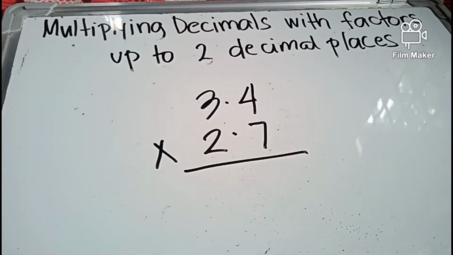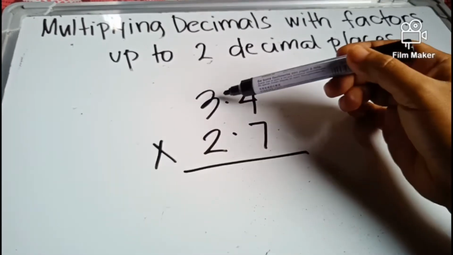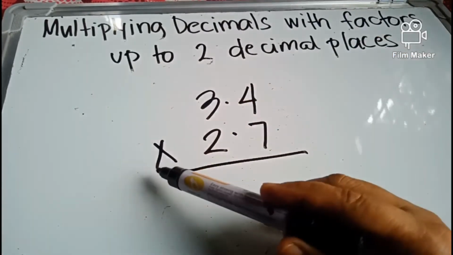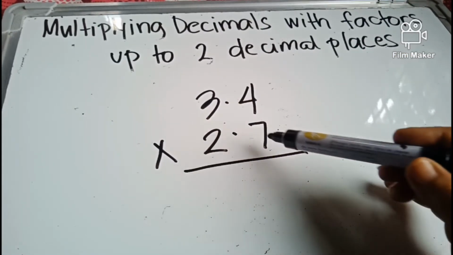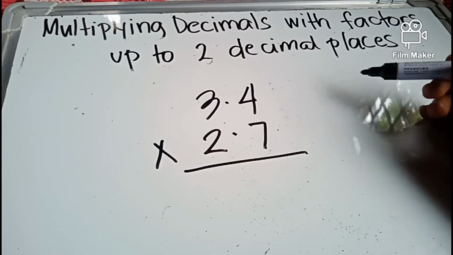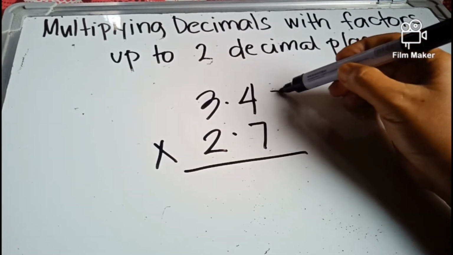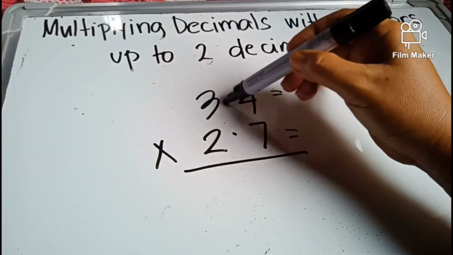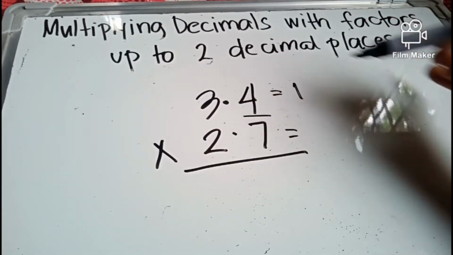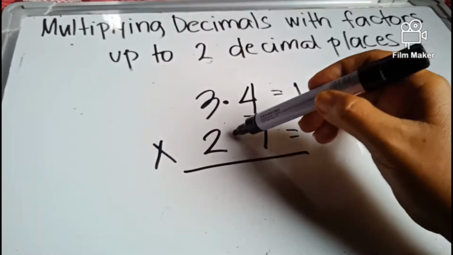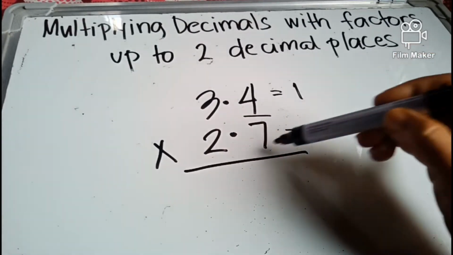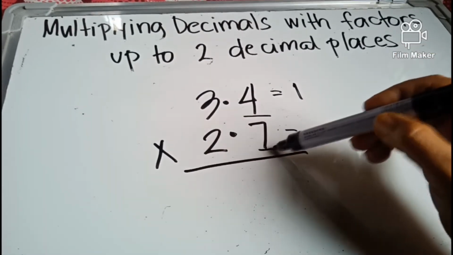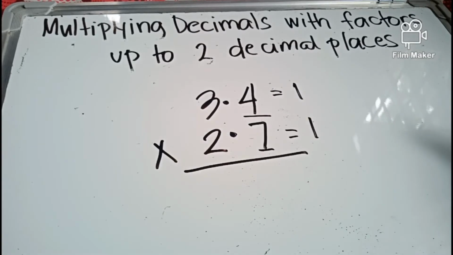So, another example, I have here 3.4 multiplied by 2.7. So, as I have said, bibilangin natin yung number of decimal place. From the decimal point, we have 1 decimal place. Then, dito din sa baba na factors, from the decimal point, we have also 1 decimal place.